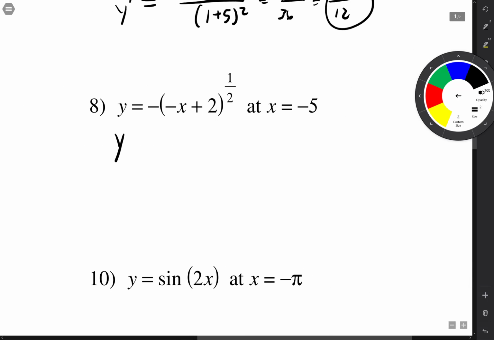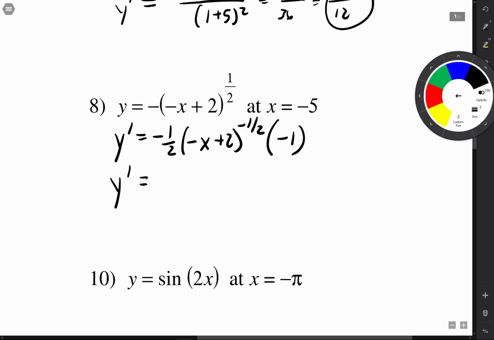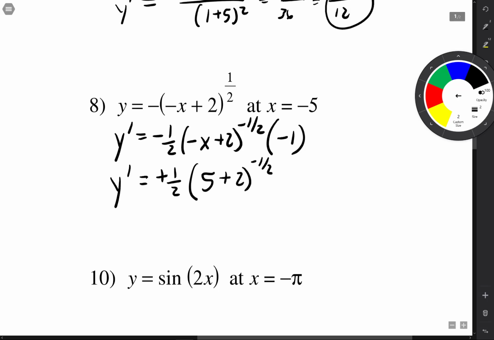And another chain rule. So we multiply by the 1/2, so negative 1/2. Keep the inside the same, subtract 1 from the power, times the derivative of the inside. So when x is negative 5, I'll have negative 1/2 times 5 plus 2 to the negative 1/2, and that negative will make this positive.